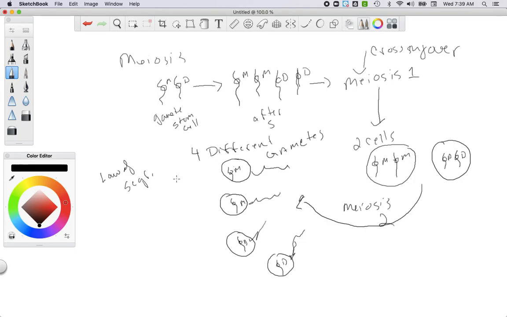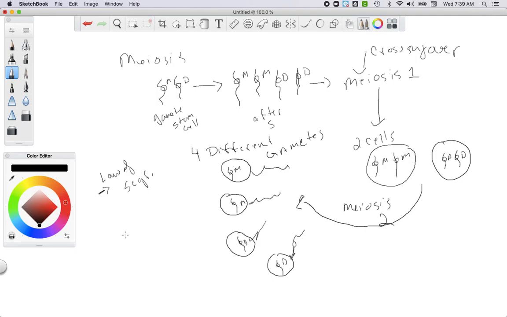And the law of segregation says that those two things cannot be in the same gamete. You can't have a gamete that has an M allele and a D allele. The M allele and the D allele have to separate from one another. They have to go to different gametes. And that's true for all the genes. Again, right now we're just looking at one gene, one phenotype.